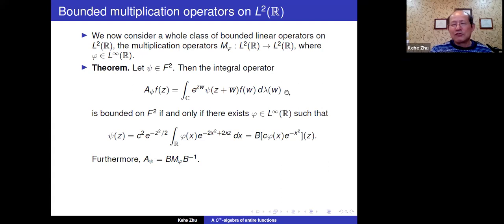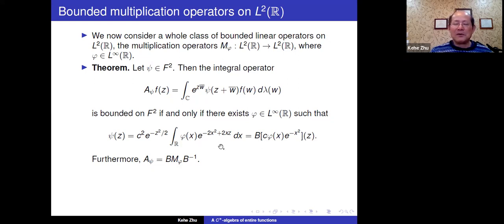So the first thing you can now do after that is prove the following result. If you fix the function psi on the Fock space, you look at this kind of integral operators, where the inside now is z plus w bar instead of z minus w bar. Then this kind of operators are exactly equivalent to the multiplication operators on L2. So xi is unitarily equivalent to M phi with the Bargmann transform, and the relationship between psi and phi will be given by this integral transform.